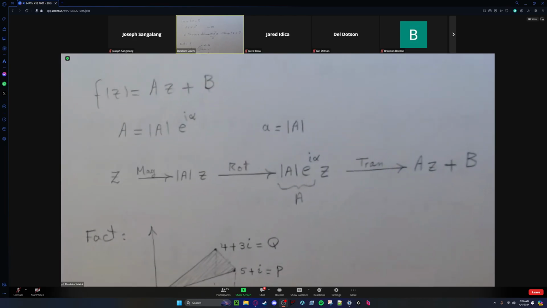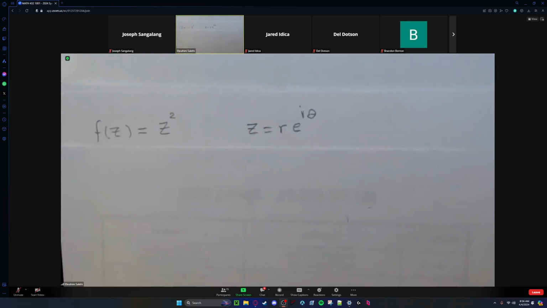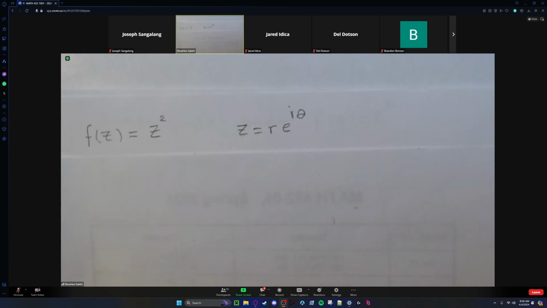Next, I want to talk about the function z squared, okay? Let's look at the function z squared. Well, there are two ways to write the values of the function.